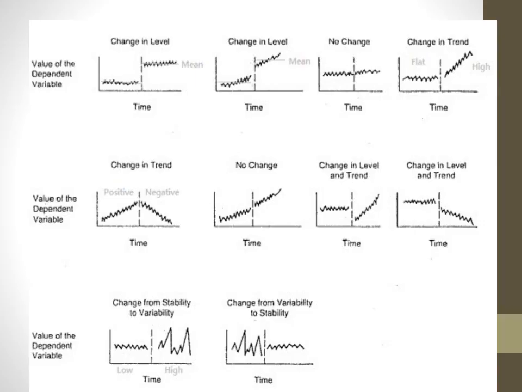So here are several example graphs. You are going to use the terms level, trends, and variability to interpret a graph. So for example, let's take a look at the very first graph. There is obvious change in level.